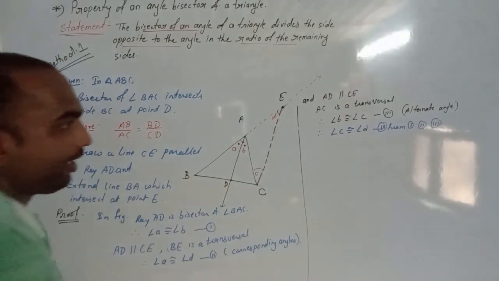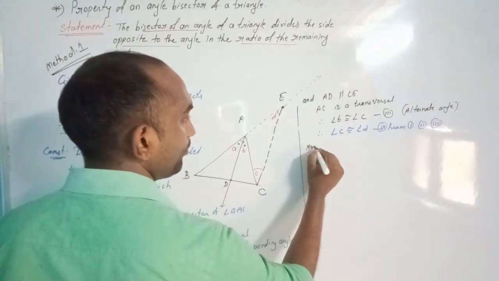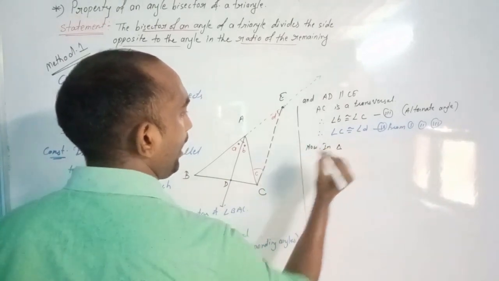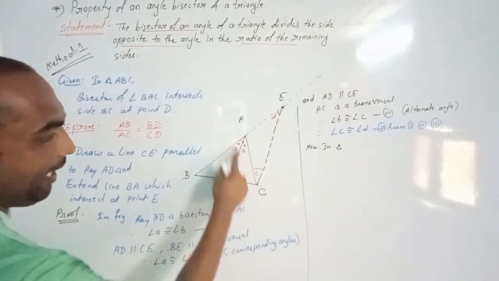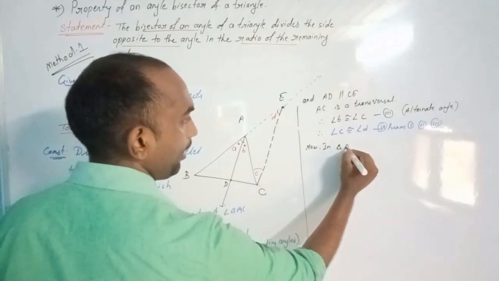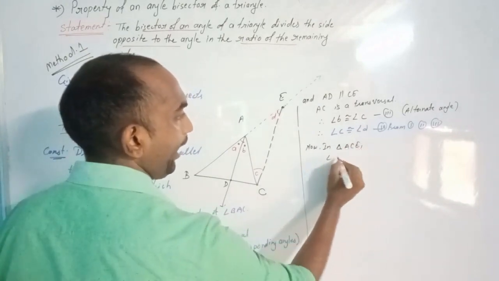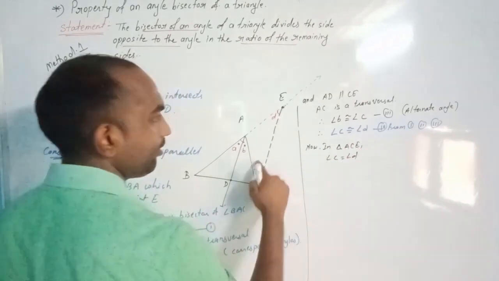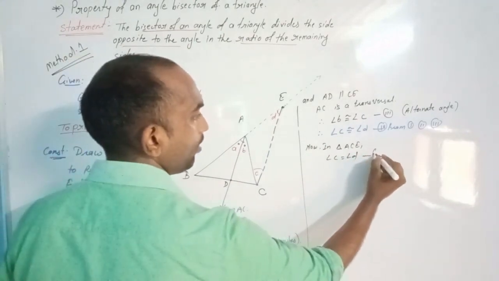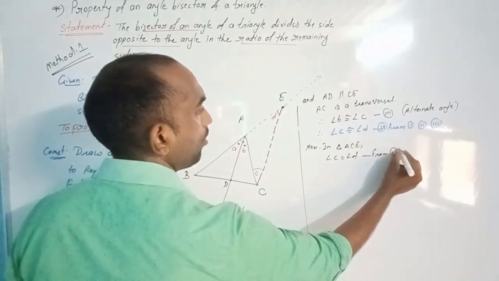Okay. Now in a triangle, which triangle? Triangle ACE. Angle C is congruent to angle D from 4.